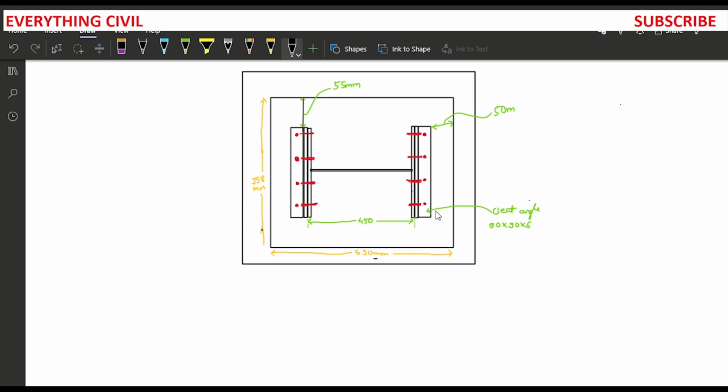This is one side, there are 8 bolts, and on the opposite side there are 8 more bolts. So the total number of bolts is 16. Again, you can see the larger projection, that is 55 mm. I have shown it over here, along the flange side, and the smaller projection was along the web side, that was 50 mm. I have shown it here, and I have named the cleat angle as 90 by 90 by 6, and the bigger square that you see all along the base plate is the concrete pedestal.